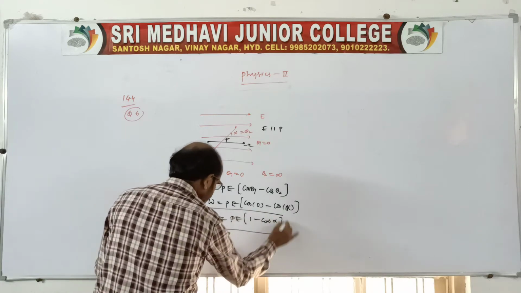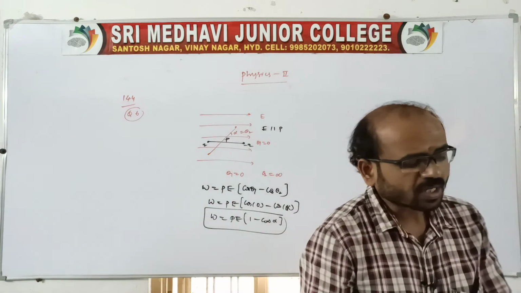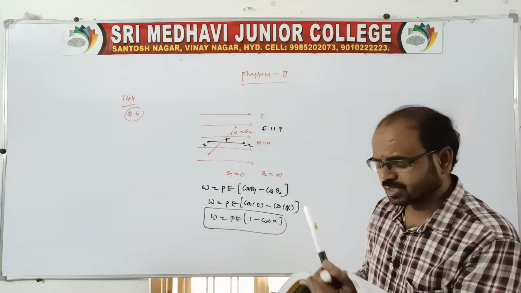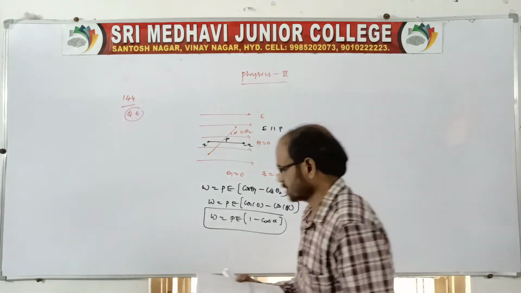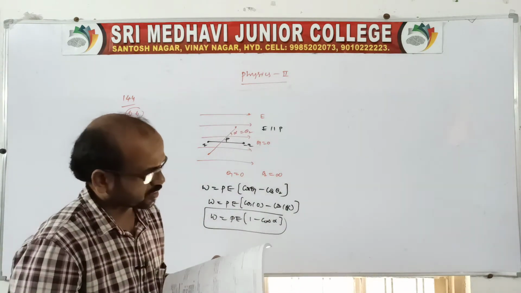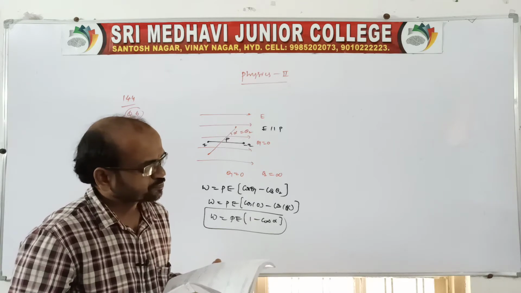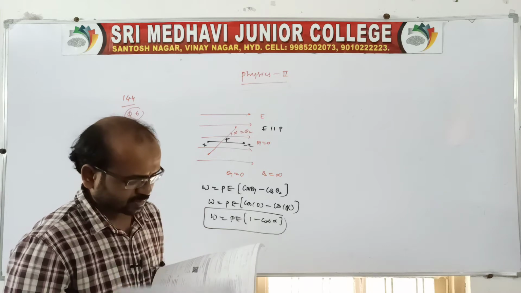This is the work done in rotating from an angle 0 to alpha. Directly we can take it, because we already know the formula. So this is one problem based on electrostatic potential energy.